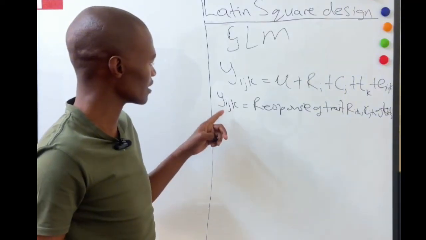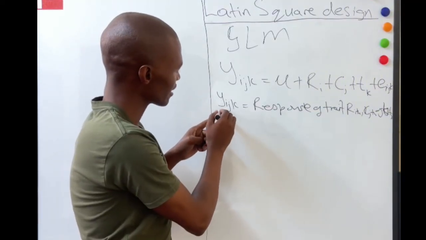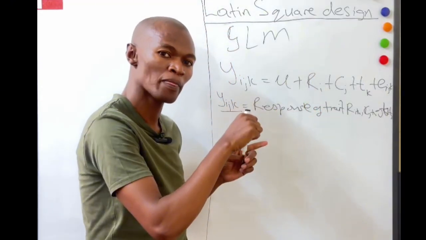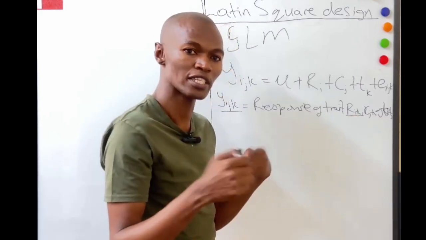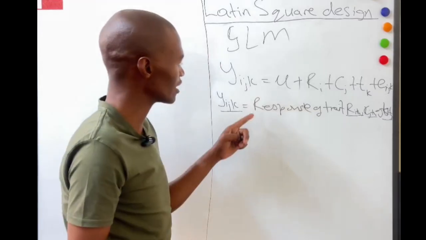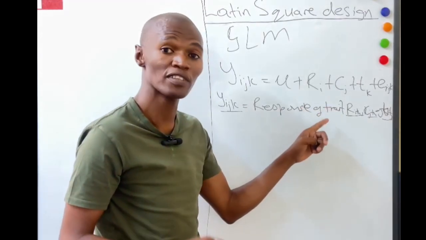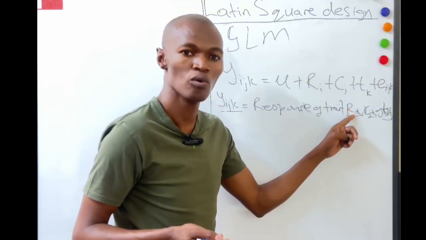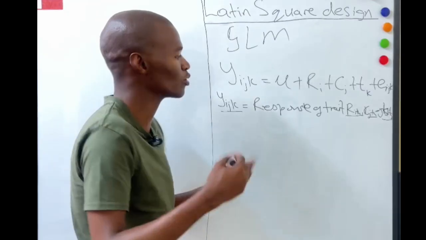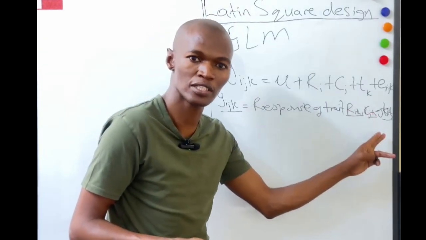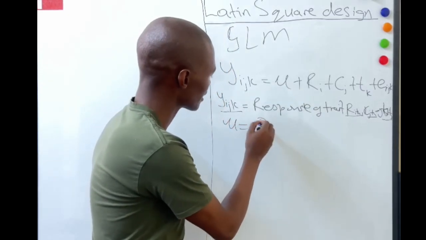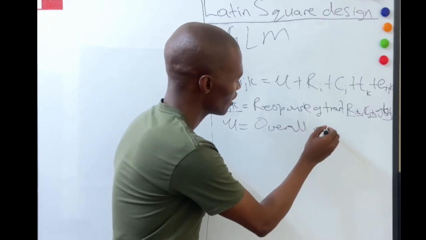So what I'm trying to say is that Yijk is nothing but the response. Remember, you will be collecting your data from the rows, from the columns, the experimental units, and the treatments. So it's the response of the trait of your interest on row i, column j, and treatment k. It will depend on which column, which row, and which treatment you are collecting your data from. Now, mu is nothing but the overall mean.